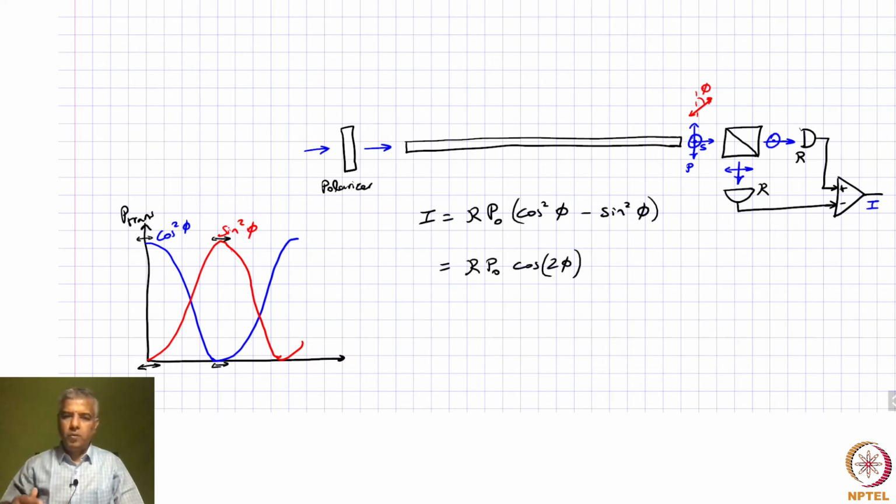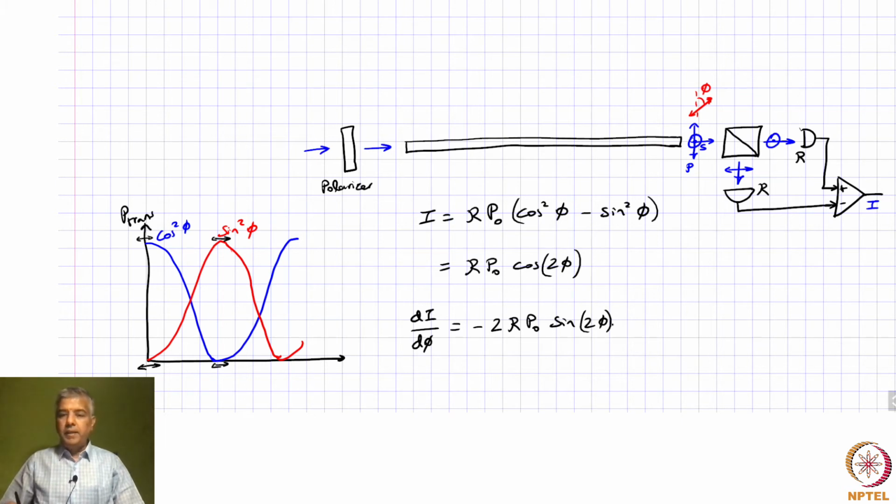And what we are interested in is the minimum change in this rotation angle phi that we can pick up. So to look at that, you basically take a derivative, dI over d phi. If you do that, then you get minus 2 times R P naught sine of 2 phi.